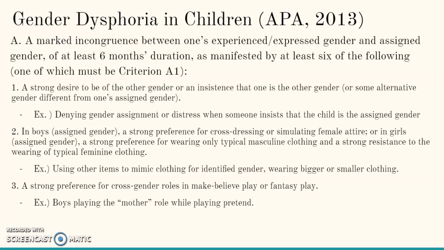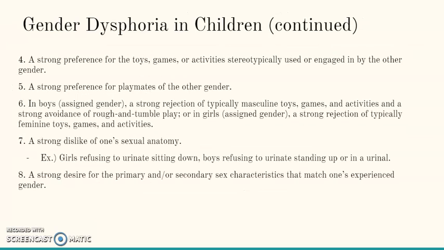The next is a strong preference for cross-gender roles in make-believe play or fantasy play, such as boys wanting to play the mother role during pretend play. So the fourth is a strong preference for toys, games, or activities stereotypically used for the other gender. The fifth is a strong preference for playmates of the other gender.